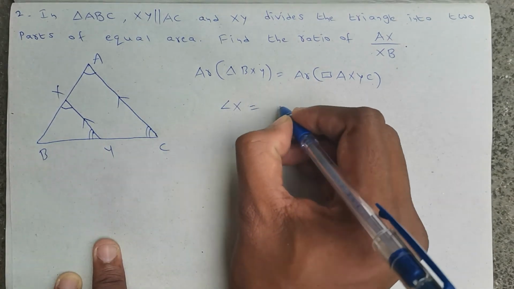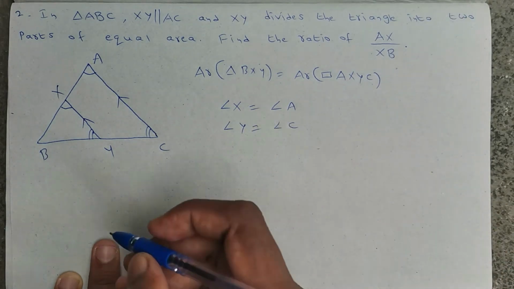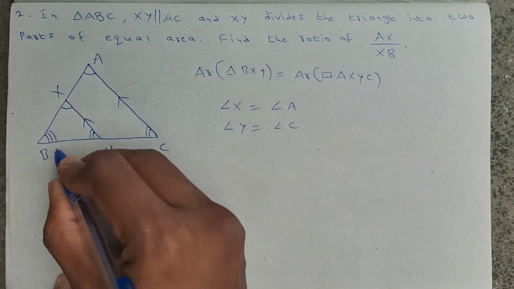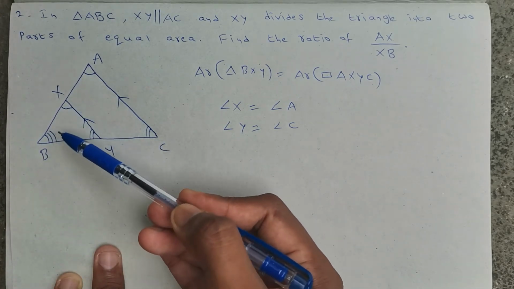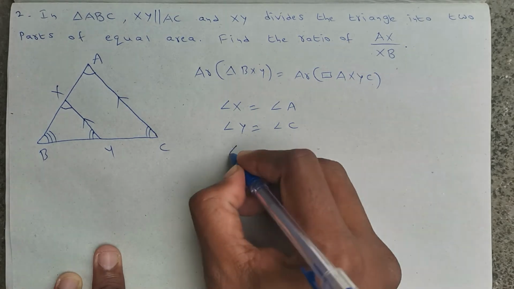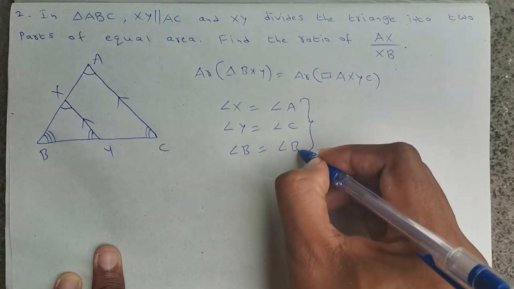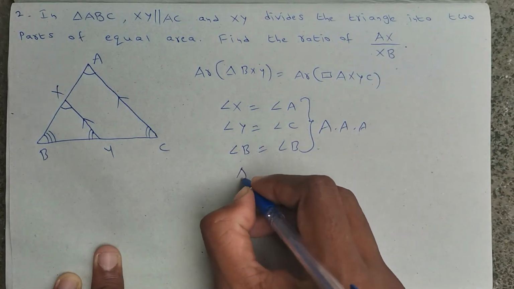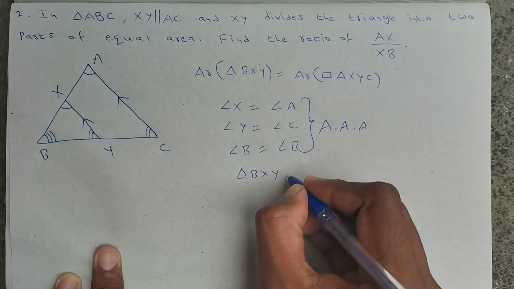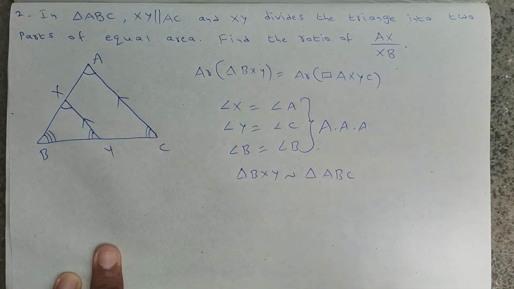Next, angle B is common, because angle B is there in the smaller triangle and in the bigger triangle also. So according to AAA criteria, triangle BXY is similar to triangle ABC.